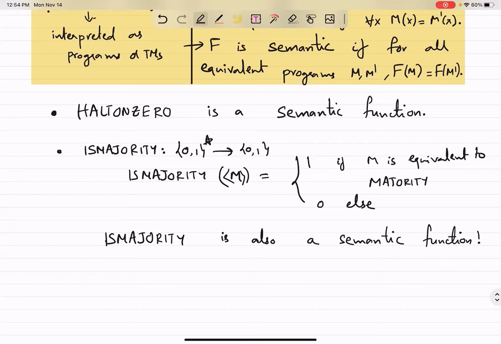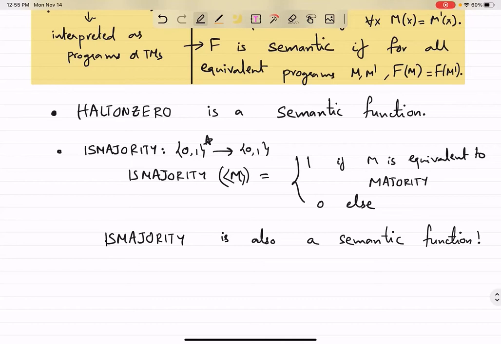Yeah, so to clarify, our function f is just a predicate that determines whether a given input program has some property or not. And then we're saying that property is semantic if it only depends on the input output behavior as formulated here.